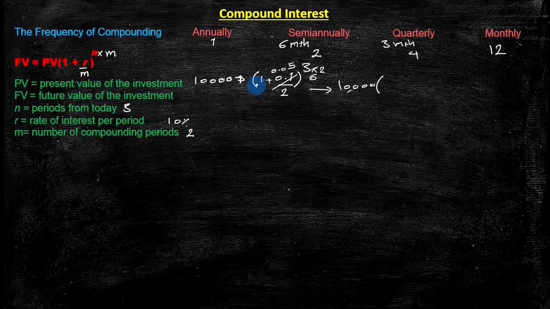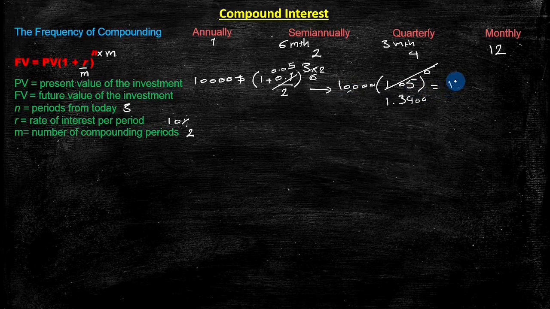multiplied by, when I add up this one, 1.05 to the power of 6. So let's get the calculator out. Okay, so this becomes 1.3400. Then multiply by 10,000.